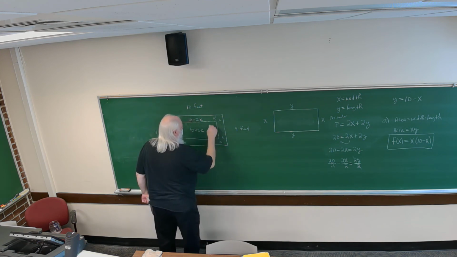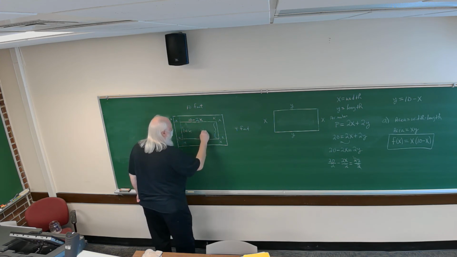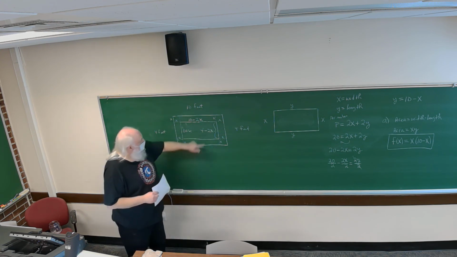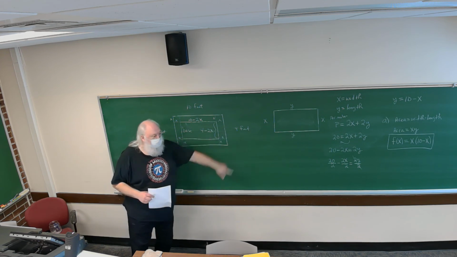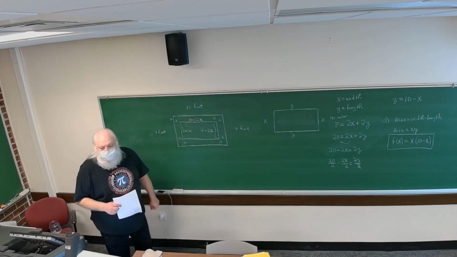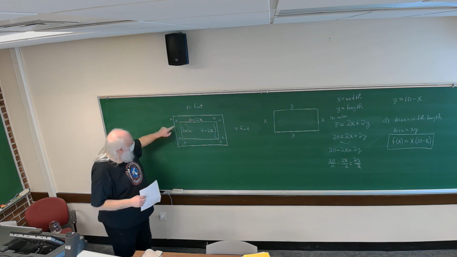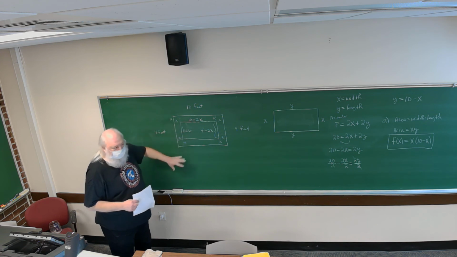So this length here is 4 minus 2x. 4 minus 2x plus x equals 4 feet, the original width of the cardboard. And then the height of the box is going to be x feet, the size of the square that we cut out from each corner.